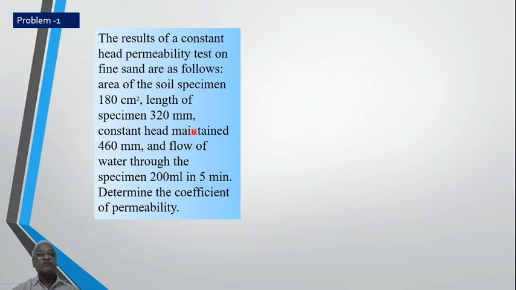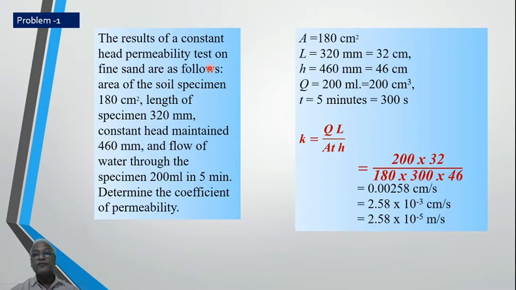Here it's very clearly mentioned that it is a constant head permeability test. That's why we have a ready-made formula, that is K equal to QL by ATH, where Q is the quantity of water collected in time duration T, right? So we have all the data that is given.